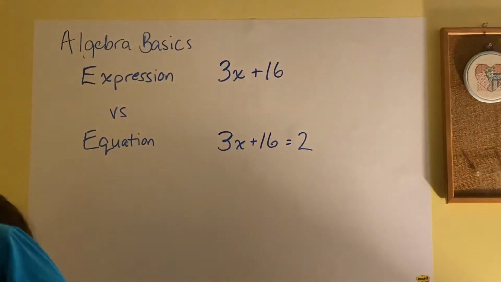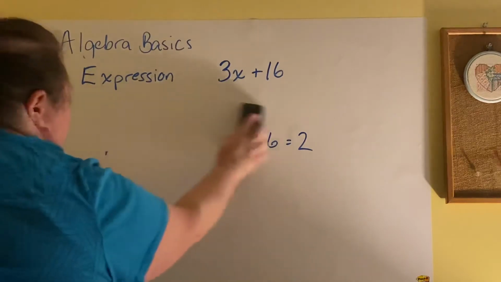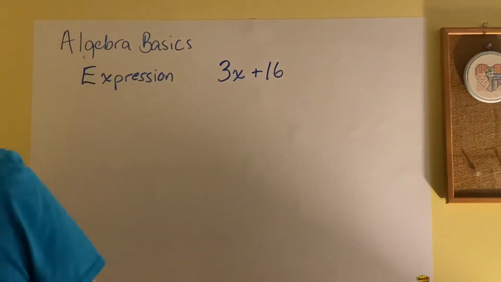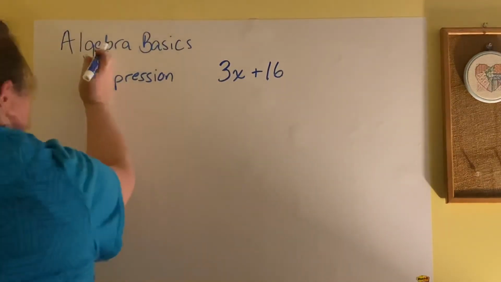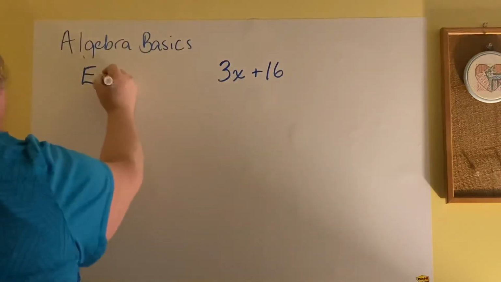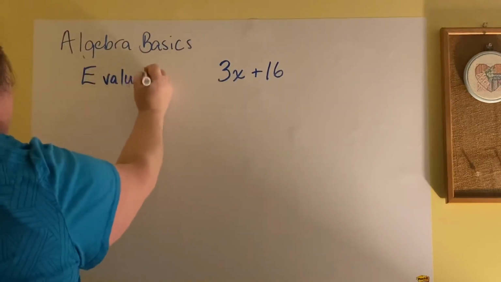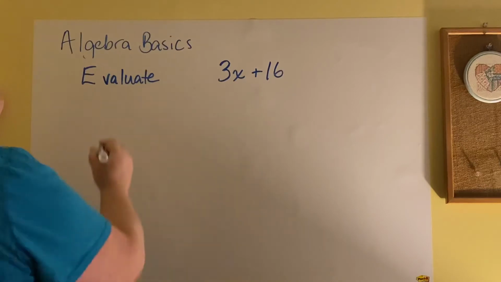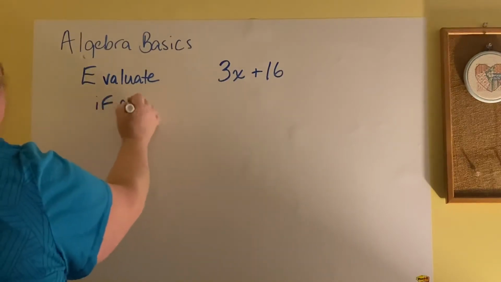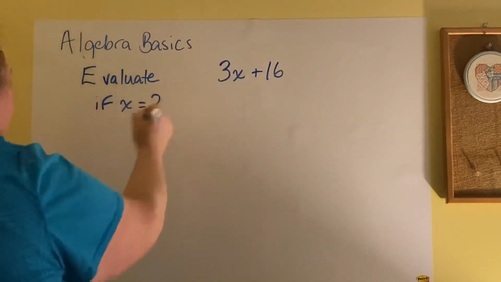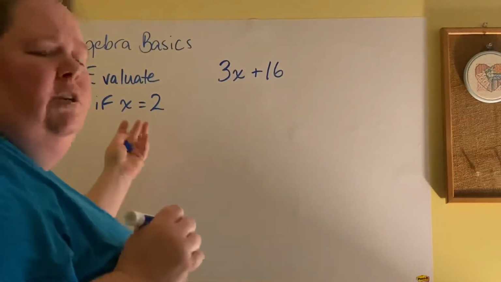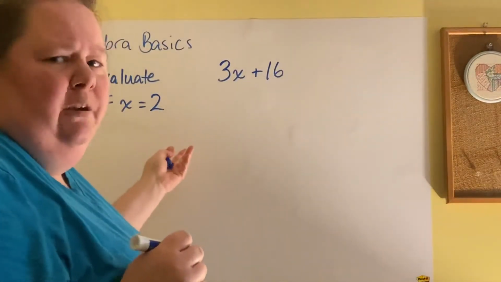Now, I'm going to erase a little bit here, and I'm going to show you. If I have that expression, and we'll erase that too, if I want to evaluate this, I'm saying if x equals 2. So I'm being told what value to use for the variable.